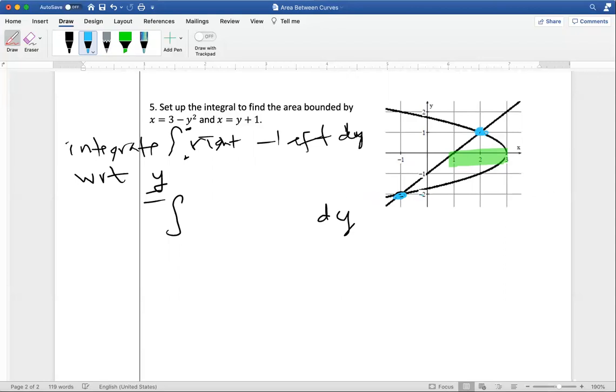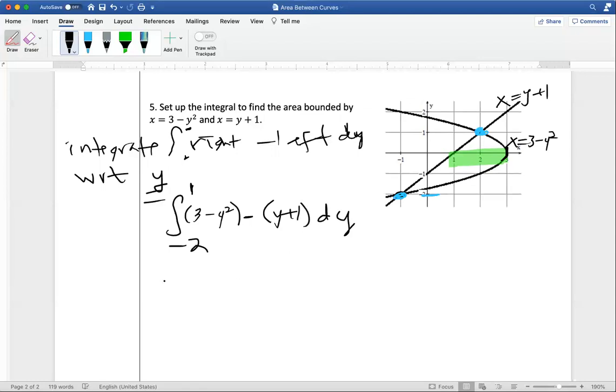This y value looks to be at -2, so that's going to be my bottom bound. This y value looks to be at 1, that's my top bound. My right function, this one, is the curvy one, x equals 3 minus y squared. And my left function, that line, is x equals y plus 1. So I'm going to do right, 3 minus y squared, minus left, y plus 1.